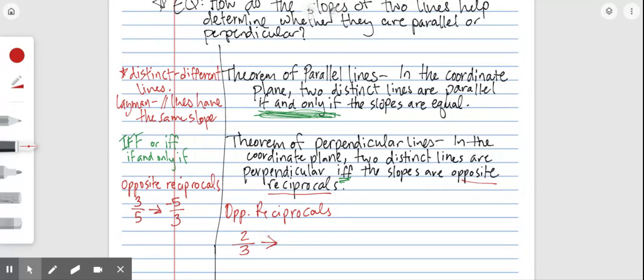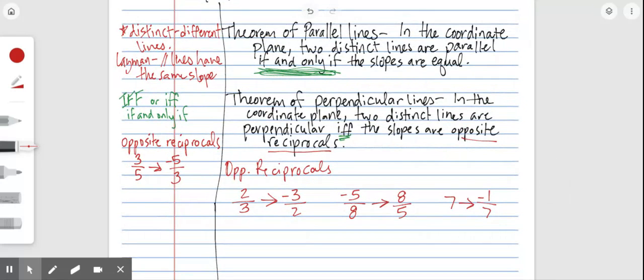The opposite reciprocal is -3/2. -5/8. The opposite reciprocal is 8/5. The number 7. The opposite reciprocal is -1/7. The number -2. The opposite reciprocal is 1/2. And -1/3. The opposite reciprocal is 3.